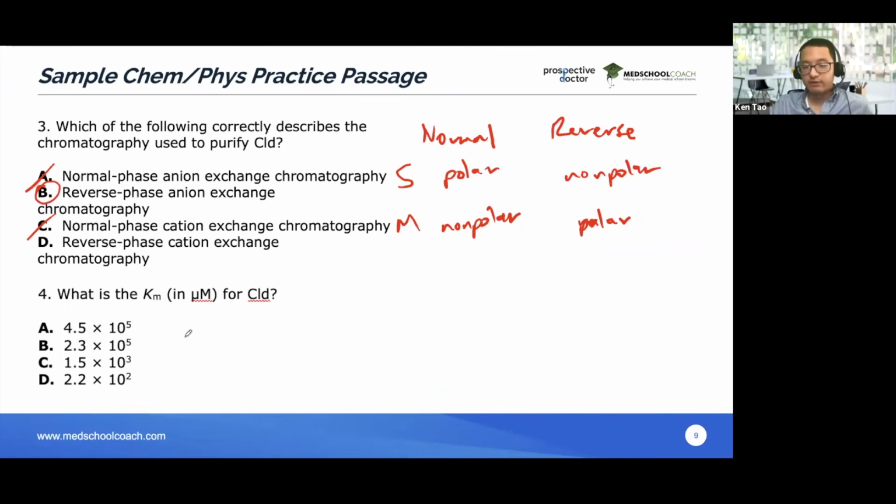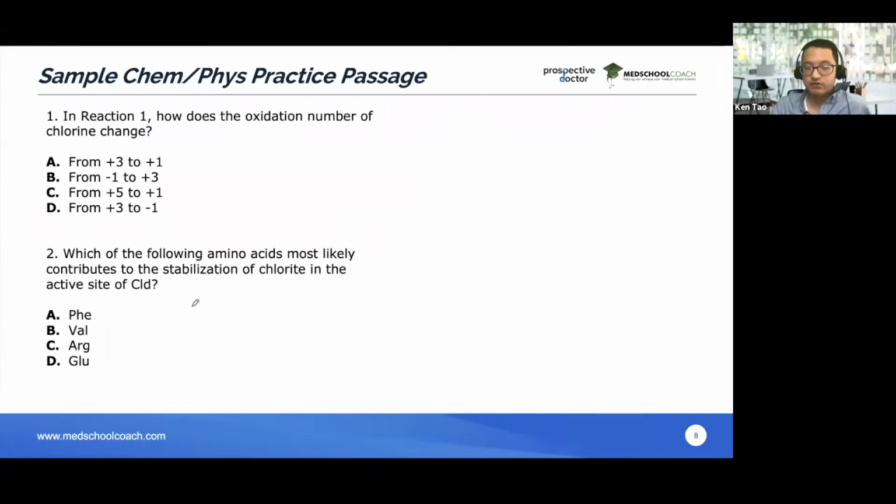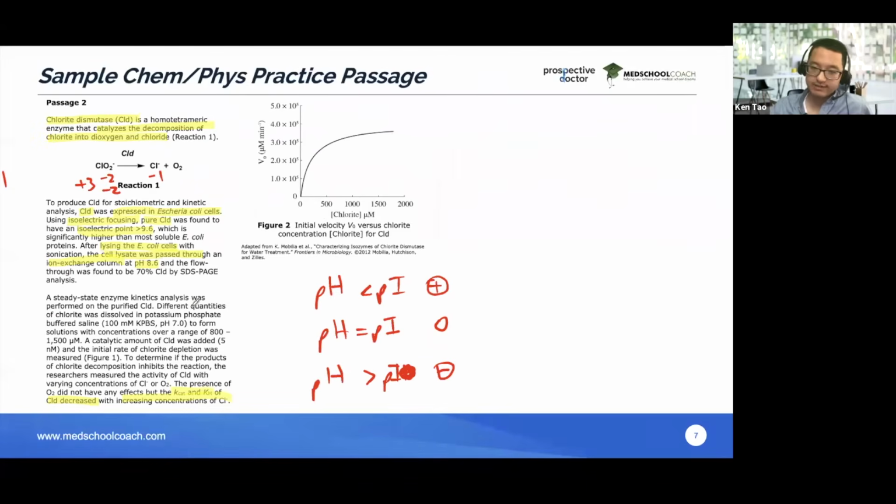All right, number 4, what is the Km in micromolars for chloride dismutase? It's probably the easiest question in this passage. Km, you should all know, is simply defined as the substrate concentration at which the reaction velocity is equal to 1/2 the maximum reaction velocity. We simply just have to go to the data presented in the passage. We have to look for the Vmax, which is probably around here.